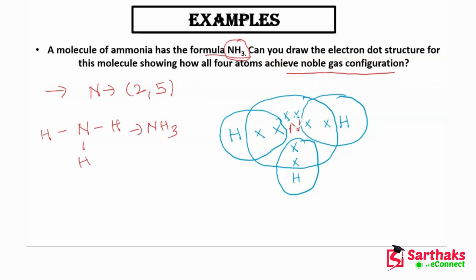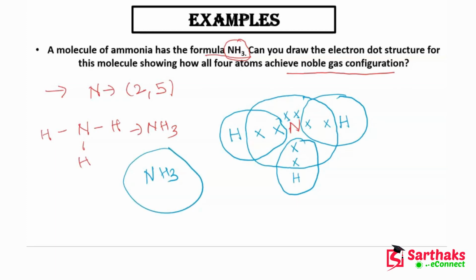You can count 1, 2, 3, 4, 5, 6, 7, and 8. And this hydrogen also has 2 electrons, 1 and 2. This hydrogen also has 2 electrons, and this hydrogen also has 2 electrons. So thus guys, you can say that all the atoms have completed their octets, or they achieve the noble gas configuration. So this is the formation of the NH3 molecule.